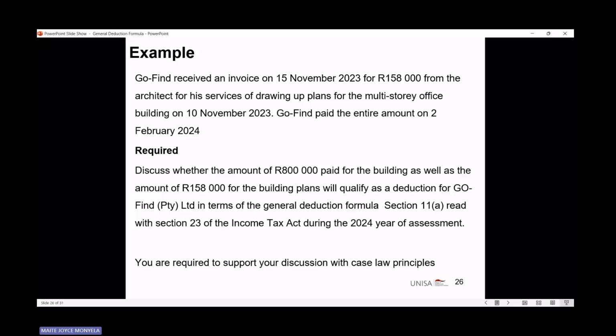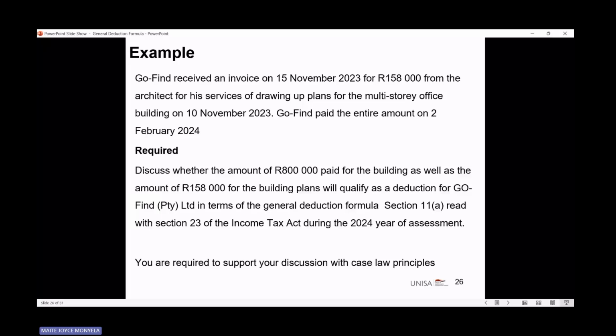What you are required to do is discuss whether the amount of 880,000 paid for the building, as well as the amount of 158,000 for the building plan, qualify as a deduction in terms of the general deduction formula, section 11(a) read with section 23 of the Income Tax Act, during the 2024 year of assessment. You are required to support your discussion with case law principles.